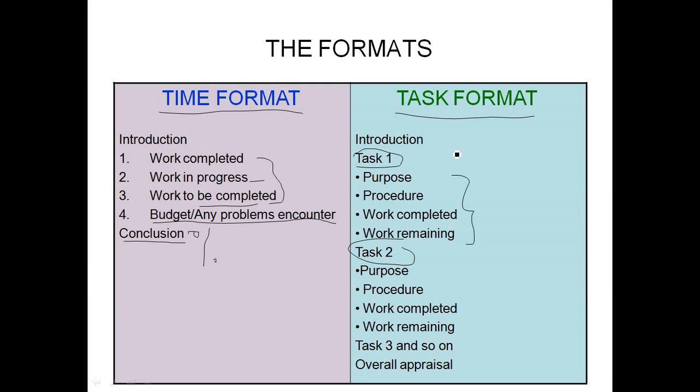This task format is actually the time format, but put into different tasks. For example, task one is for completing the shopping complex and the sports complex. Task two would be on the mosque, the library, and so on.